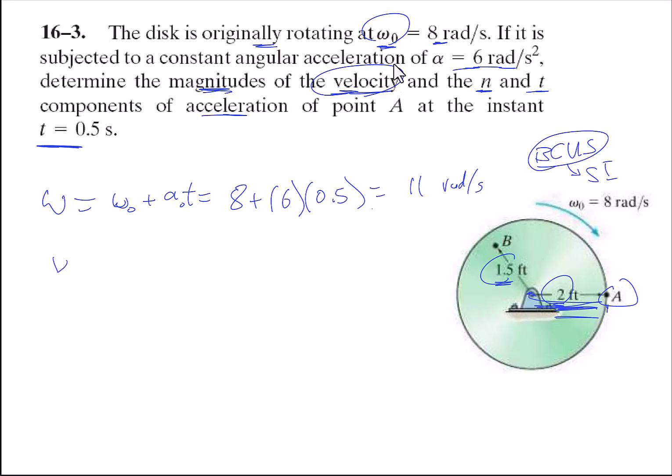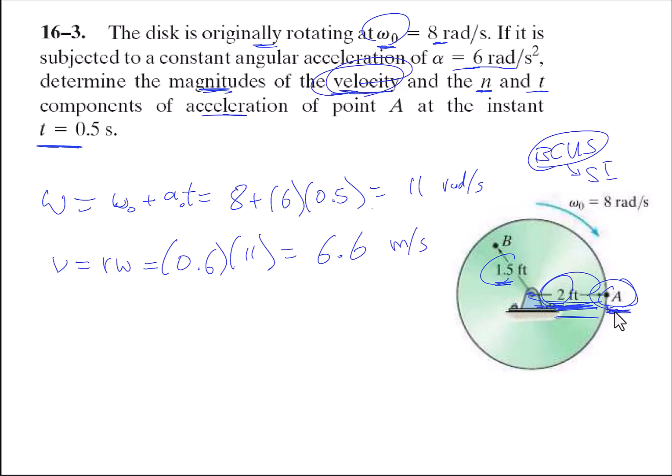The velocity, let's turn to the velocity. This is just the radius times the angular velocity at that point. This is radius 0.6, and the angular velocity is 11, just calculated. So this approximately will be 6.6 meters per second.